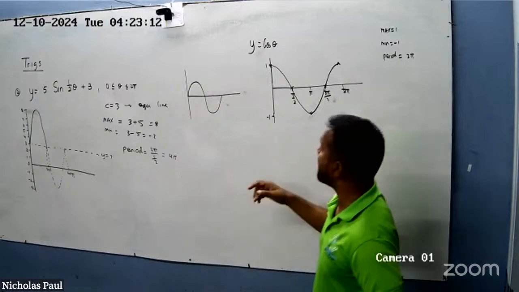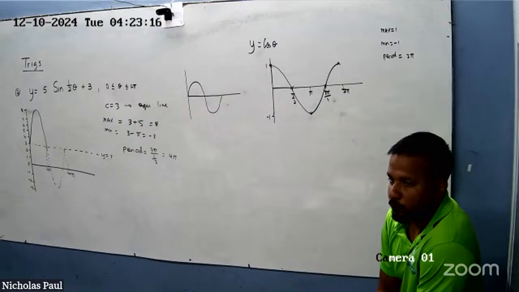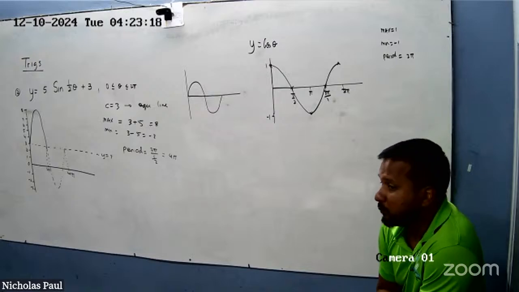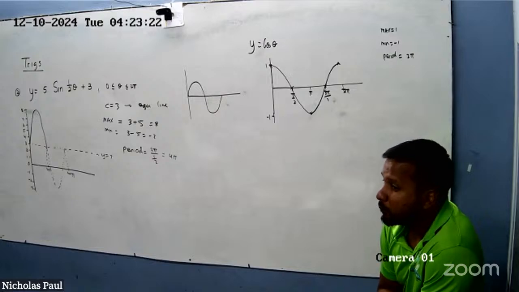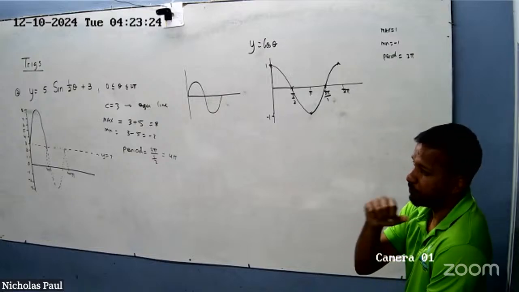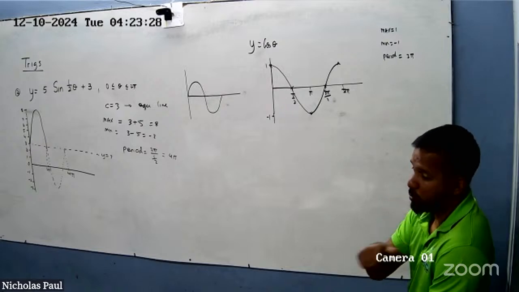How do I make this look like this or this look like that? Minus 1 to bring it down. Plus 1 to carry it up.